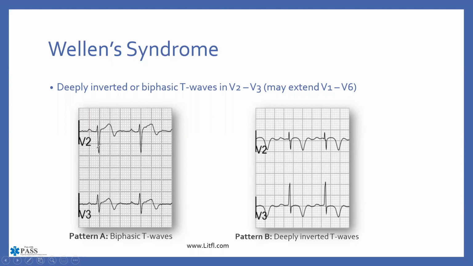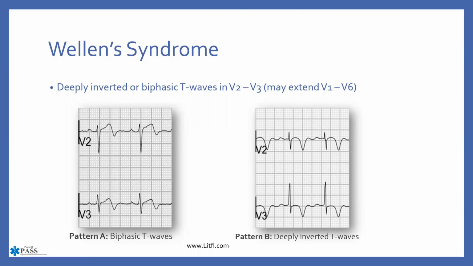The QRS basically is heading down and my T wave is heading up. So that is biphasic, they're opposite directions. As we look at a deeply inverted T wave, we're still looking in V2 and V3, but you can see the T wave is flipped and it is deeply inverted. So one of these two patterns is what's found typically with your patient that has Wellens syndrome.